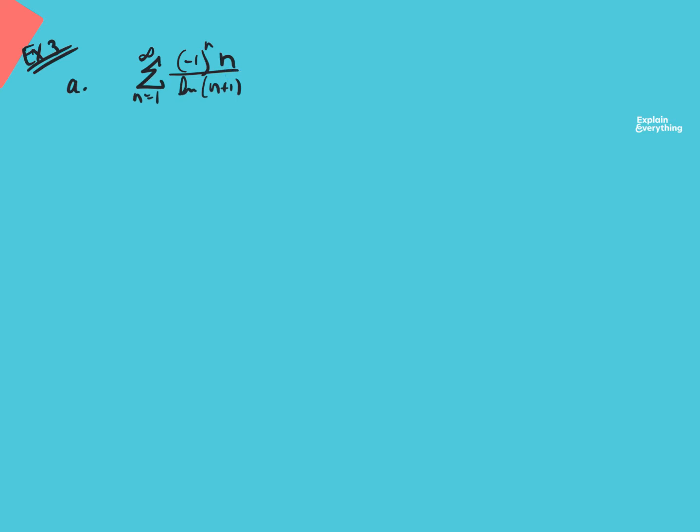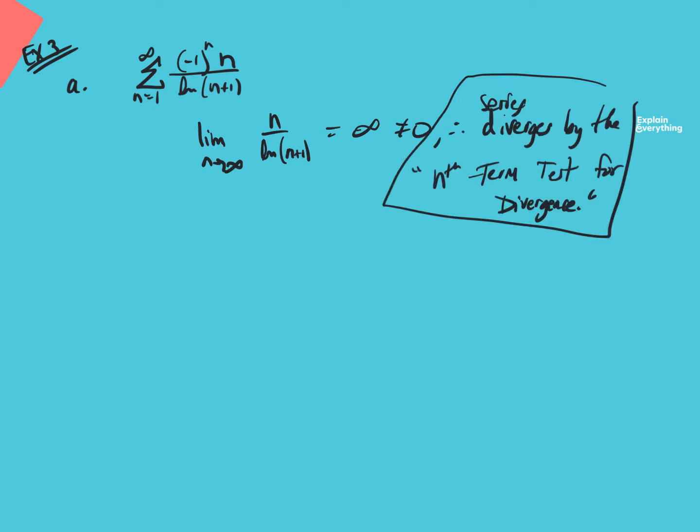So I can see in this case that the limit of a sub n is infinity, which is not 0, and therefore the series diverges by the nth term test for divergence.